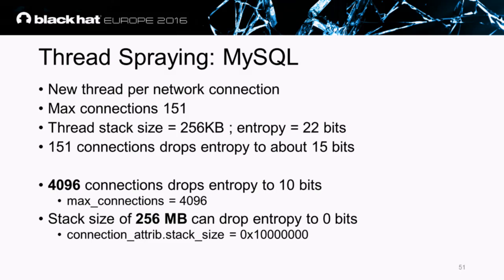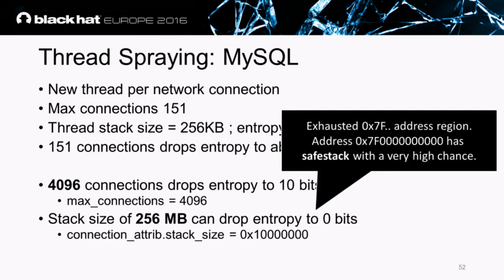So if an attacker sets the max connections to 4,096 connections and the stack size to 256 megabytes and exhausts the connections, it would reduce the entropy of the stack to 0 bits.